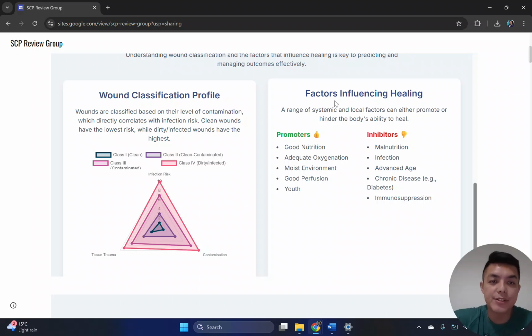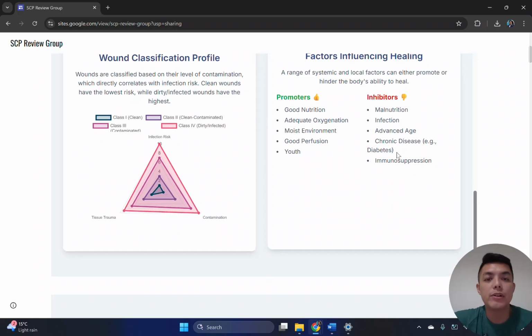Next, factors influencing healing. There will be a range of systemic and local factors that can either promote or hinder the body's ability to heal. Your promoters, with the thumbs up: good nutrition, especially protein, adequate oxygenation, moist environment, good perfusion, and of course your age, so youth, which directly correlates, as opposed to advanced age for inhibitors.